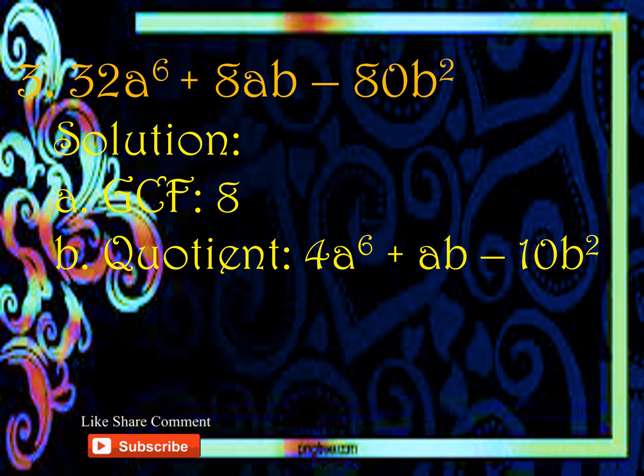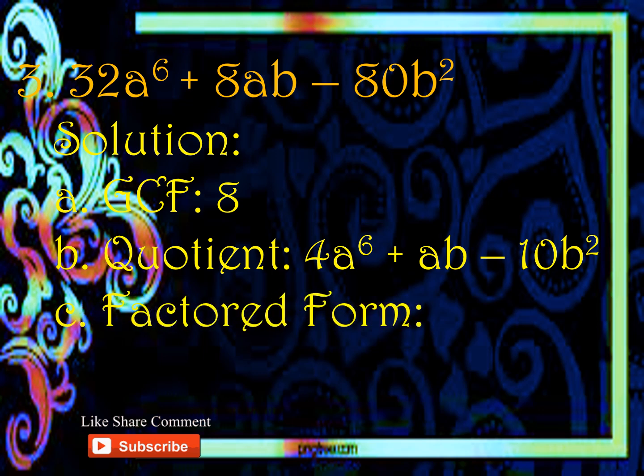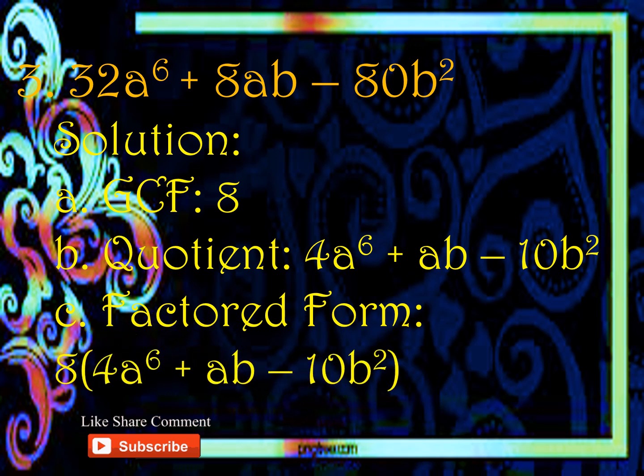Its quotient is equal to 4a raised to 6 plus ab minus 10b squared. So the factor form of 32a raised to 6 plus 8ab minus 80b squared is equal to 8 times quantity 4a raised to 6 plus ab minus 10b squared.